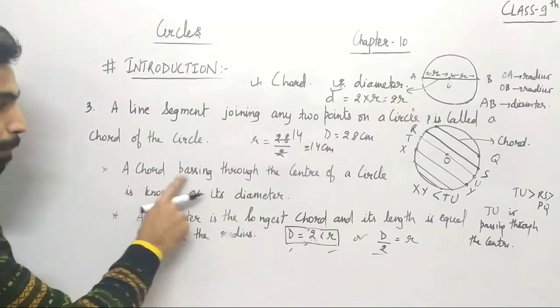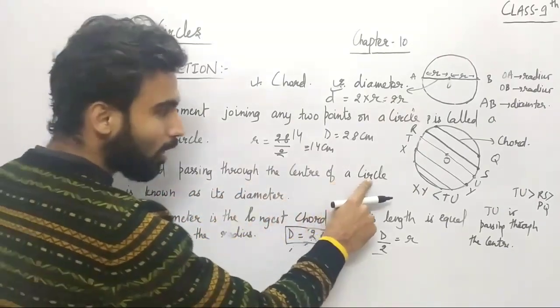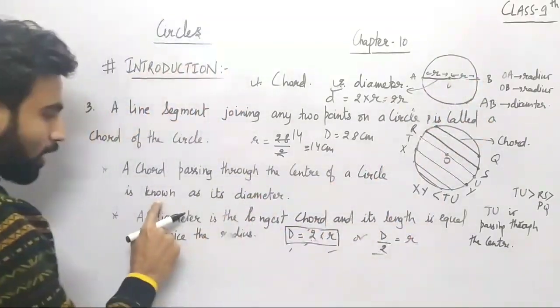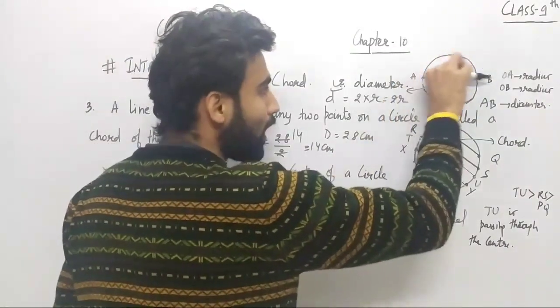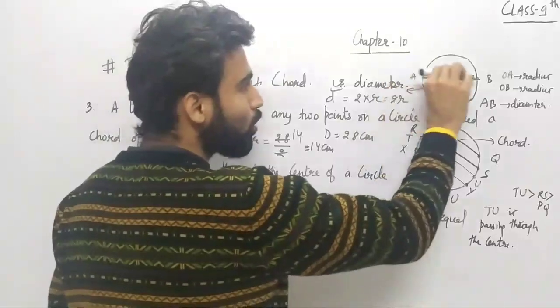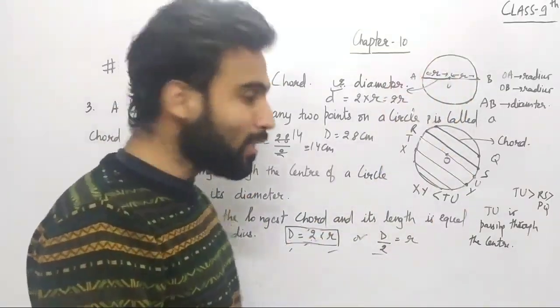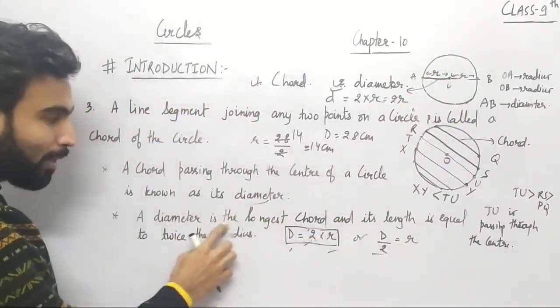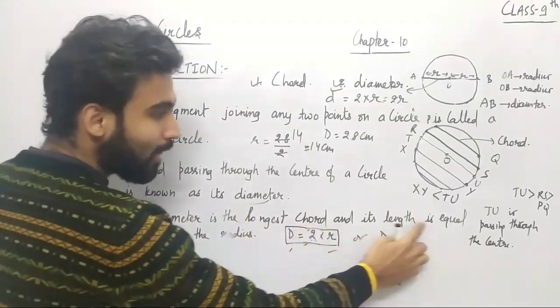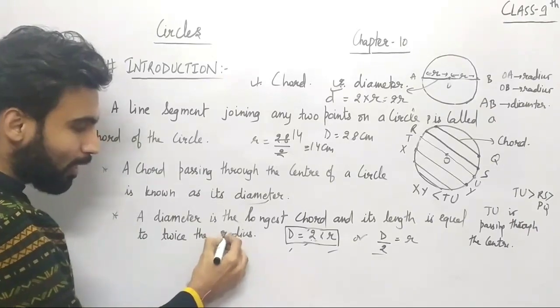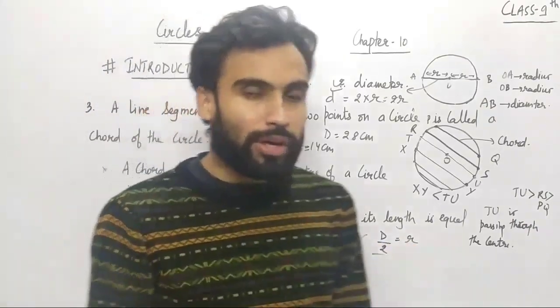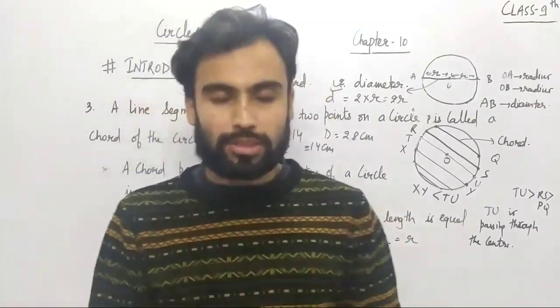So you can see a chord passing through the center of a circle is known as its diameter, right? So ये जो longest chord होती है, which is passing through the center of the circle, it is named as diameter. Then a diameter is the longest chord and its length is equal to twice the radius, right? So that is what I have explained you here. So that was all in this topic.